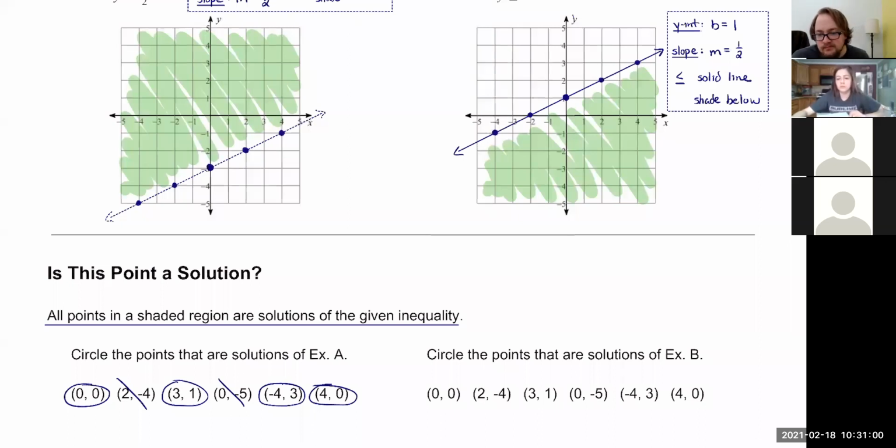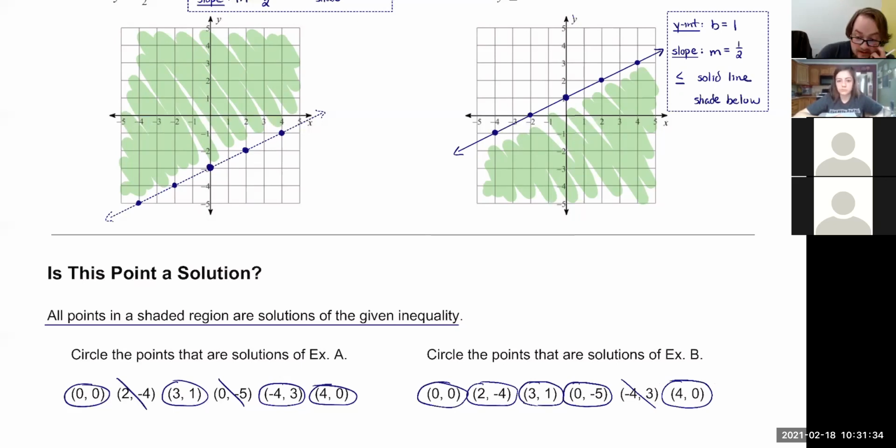Okay. So it looks like to me, if I'm looking at this correctly, and hopefully you guys can fact check me as I go, I would say that 0, 0 is in there. 2, -4 is in there. 3, 1 is in there. 0, -5 is in there. -4, 3 is not. 4, 0 is.